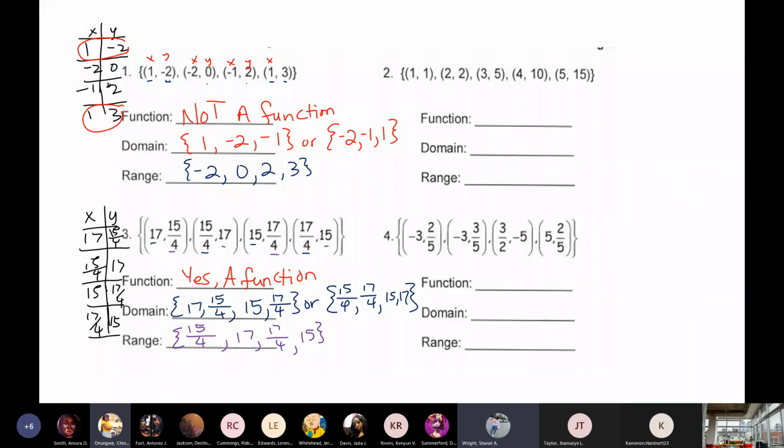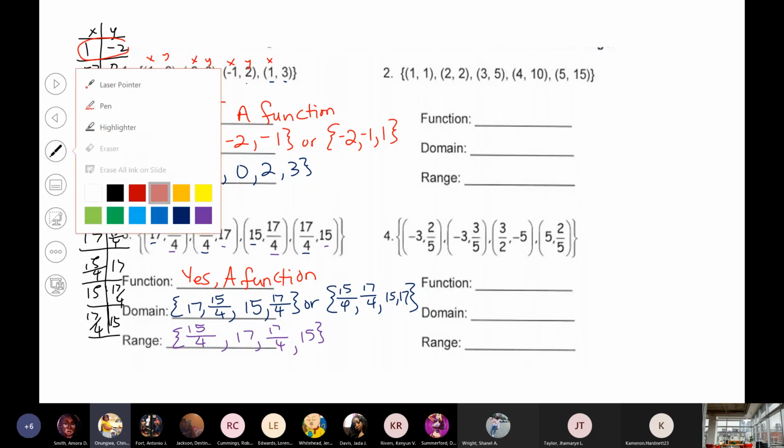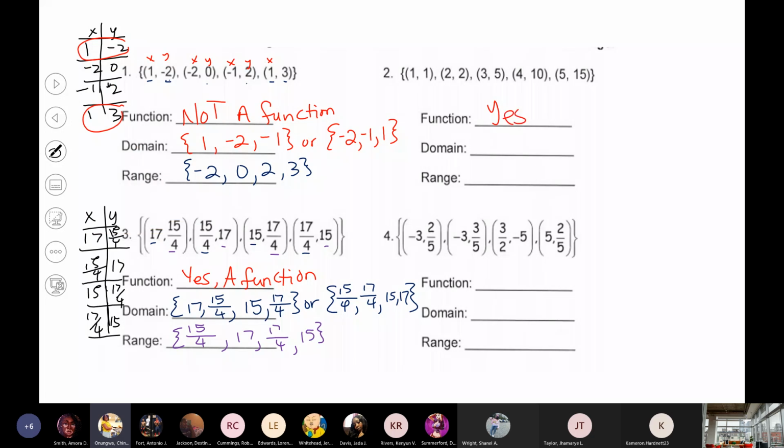All of them have one. Has only one y. Good. Your set of domain only maps to only one thing in your range. So every x value has only one y. And that's why we say it's a function. So yes, it's a function. Good job. And then let's see. What's my domain?